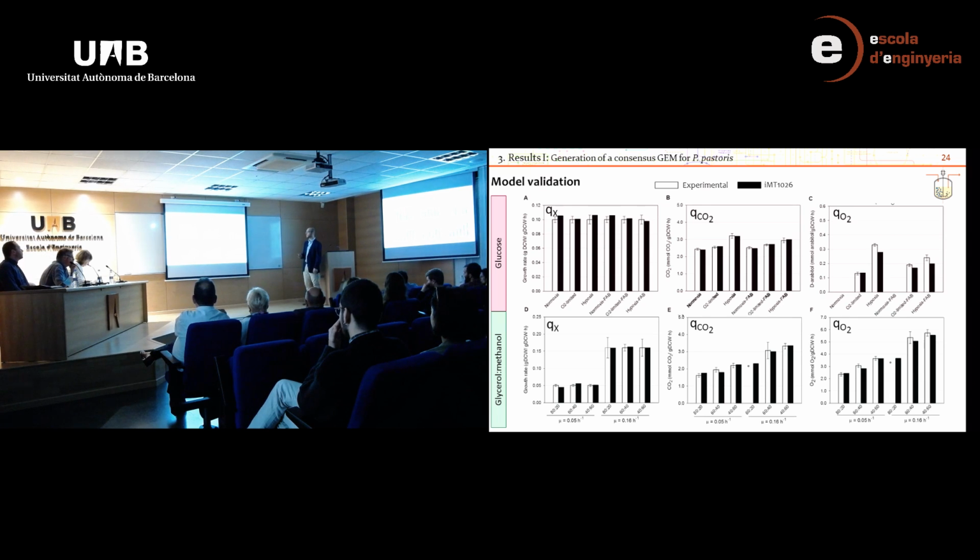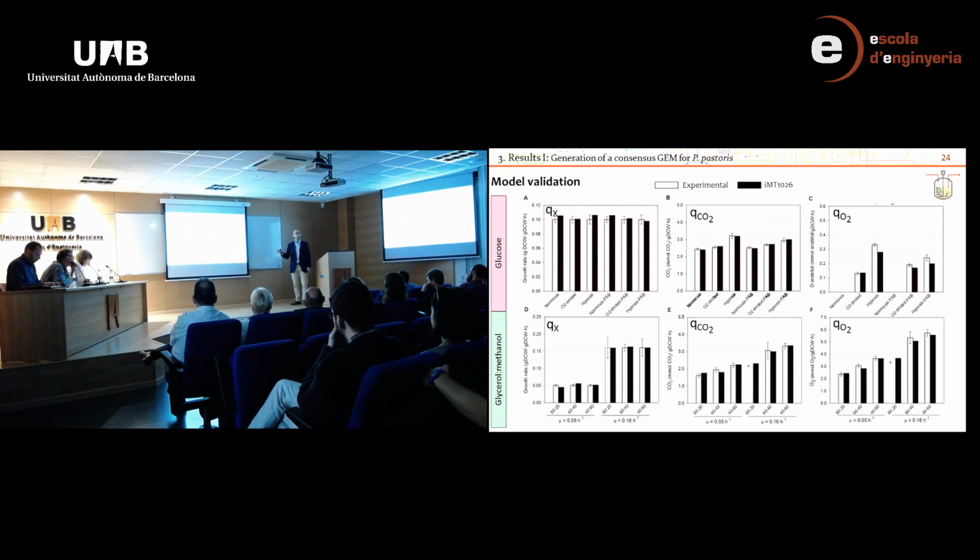As you can see here in black bars, our model is able to accurately reproduce the major macroscopic growing parameters, that is, the specific biomass production rate as well as the specific CO2 production rate and oxygen uptake rates.